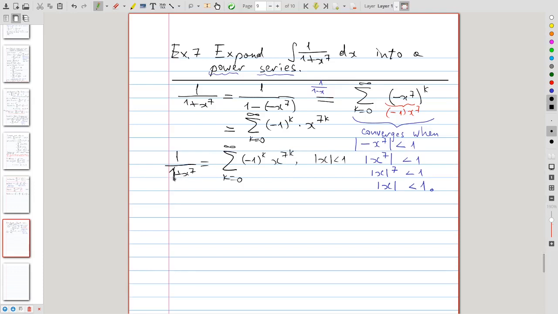Now, since we want to represent the integral of this function by power series, what we have to do is to integrate both sides of this equality. So we take this relation and integrate both sides.